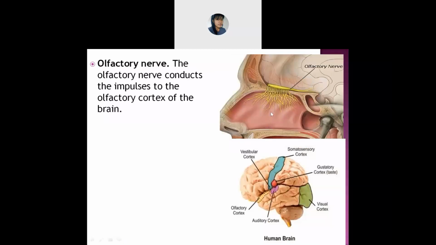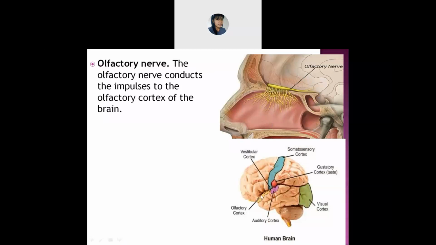Next is the olfactory nerve. So this is the olfactory nerve. What is the purpose of the olfactory nerves? The purpose is that it sends information to the brain so that you can detect what smell it is, whether it's good, bad, or stinky, and so on. In which portion of the brain?